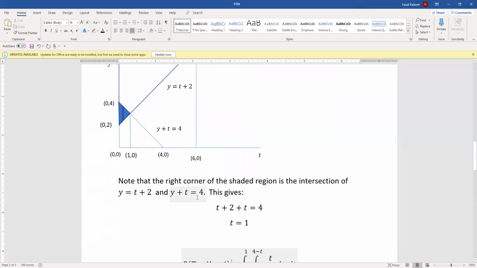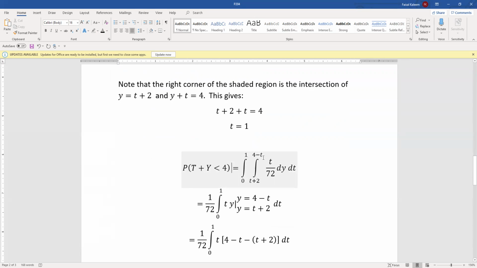So you substitute y equals t plus 2 into this one. You get t plus 2 plus t equals 4, and that gives t equals 1. So this point is t equals 1, and t goes from 0 to 1. And y, as we already said, goes from t plus 2 to 4 minus t, because that's this line.